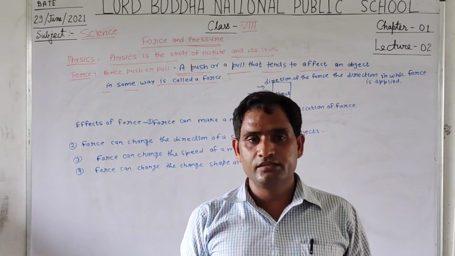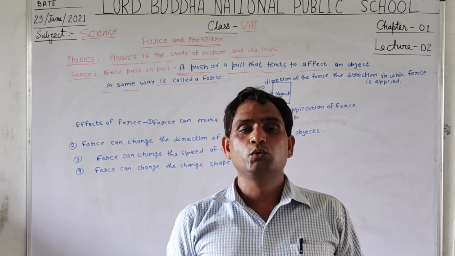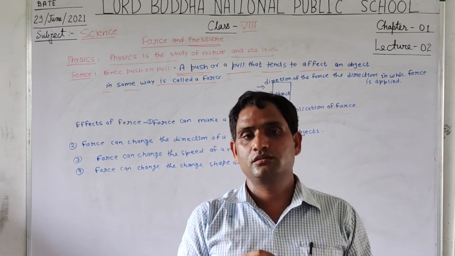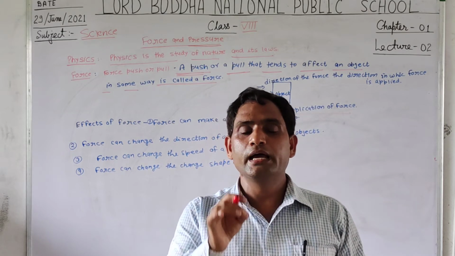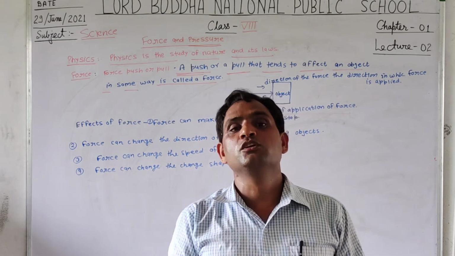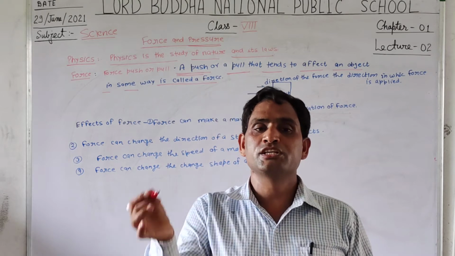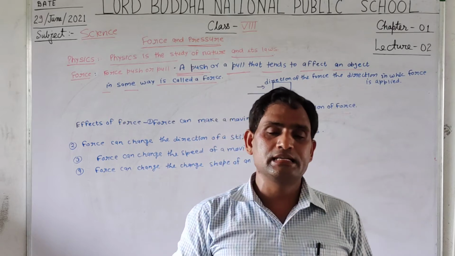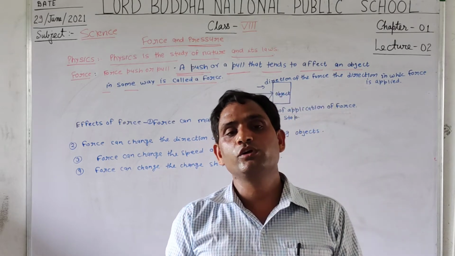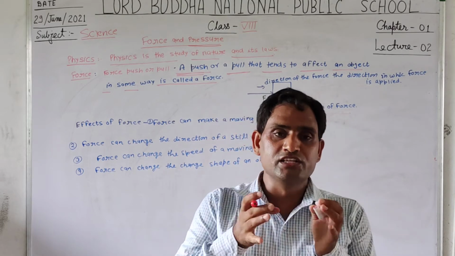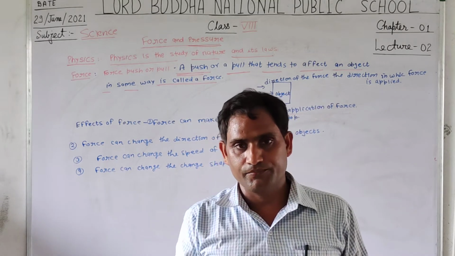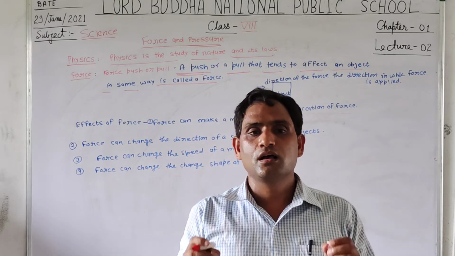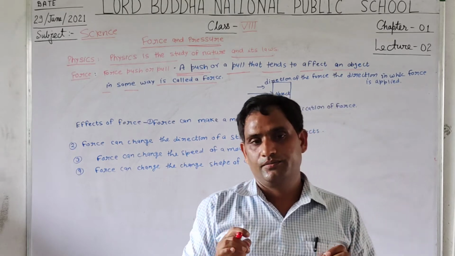A vector quantity is that to represent which we have to use the numerical value and direction both. Or we can say that it is a physical quantity which has both magnitude and direction. Force is a vector quantity.